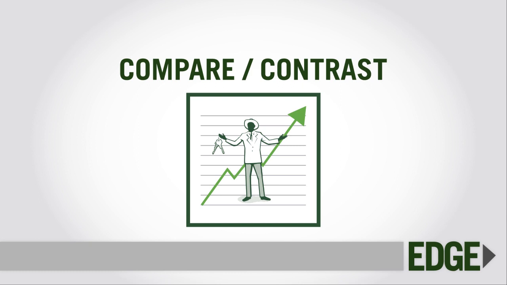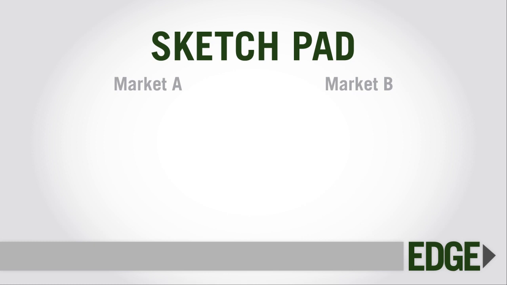So how do we do that when you're looking at price ladders or, for this example, charts? When you compare one chart to another, we're going to go to what I call a sketch pad just to illustrate market A and market B. It could be any two markets that relate for obvious reasons, okay?